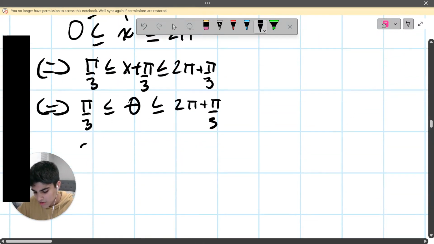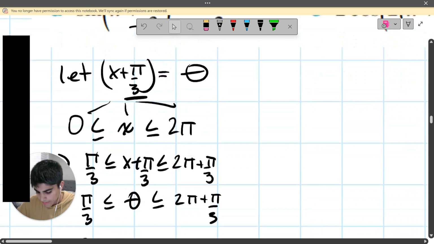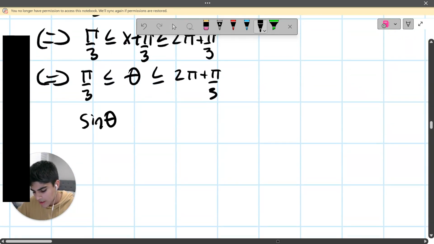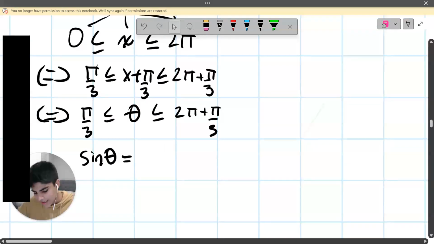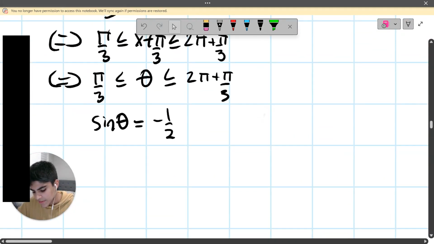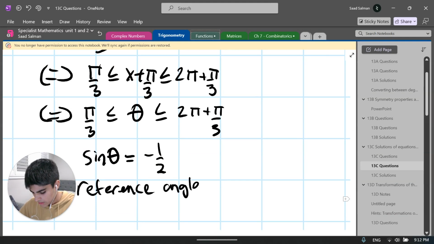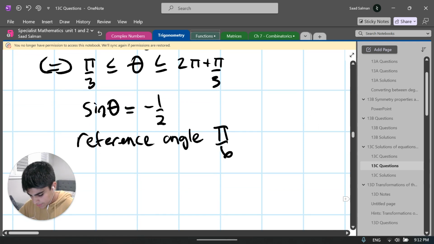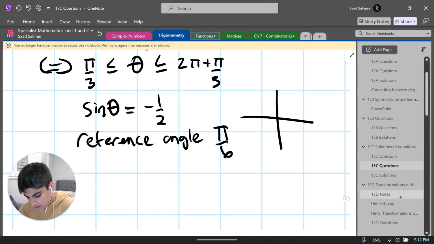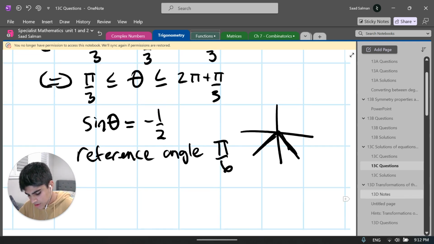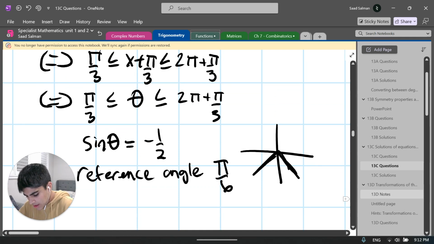Okay, our reference angle: sine theta equals negative 1/2, which makes our reference angle pi on 6. Sine is negative in the third and the fourth quadrant, and we want to find the solutions from pi on 3 to 2 pi plus pi on 3.